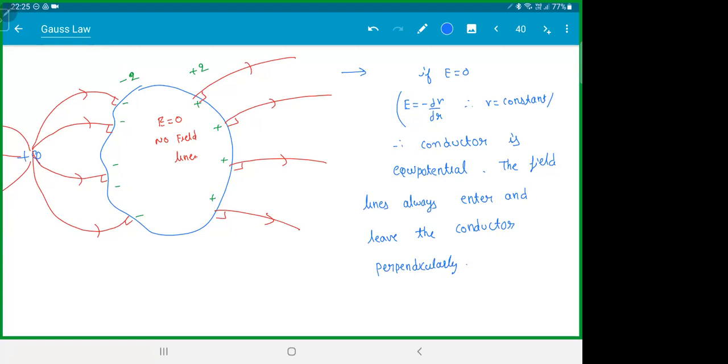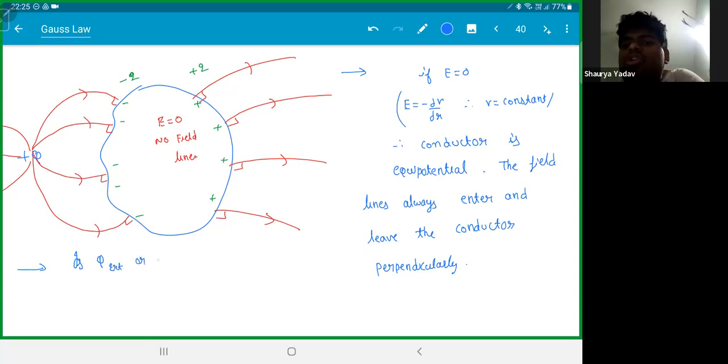Clear? Here I have one more question. Can you tell me which charge is bigger? Is Q bigger or the induced charge bigger? Which charge is bigger? Is Q external bigger or the induced charge bigger? Q external. Why?